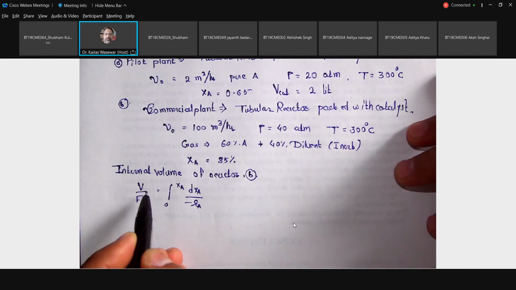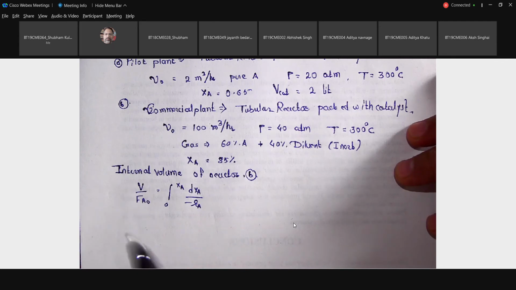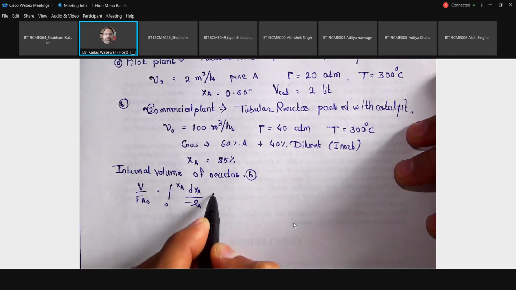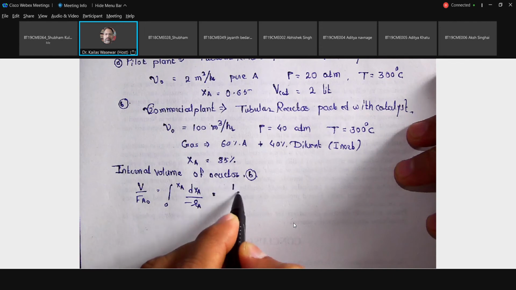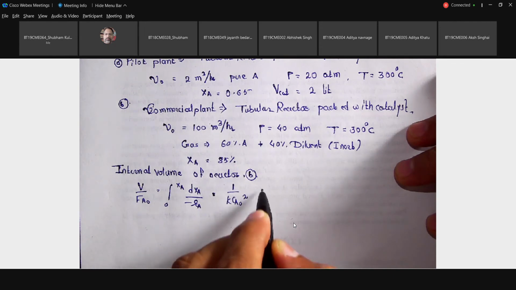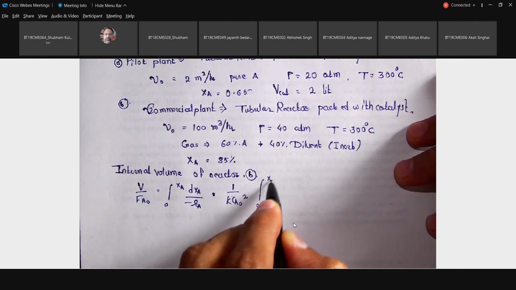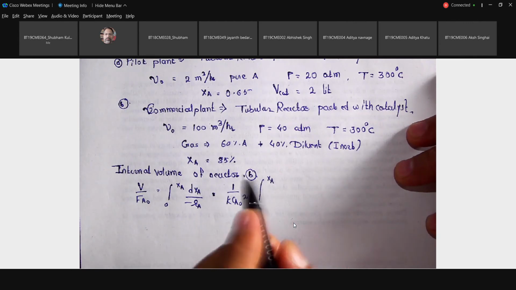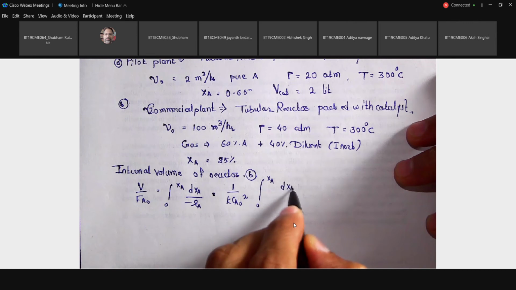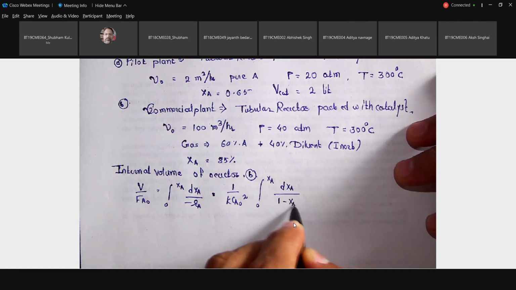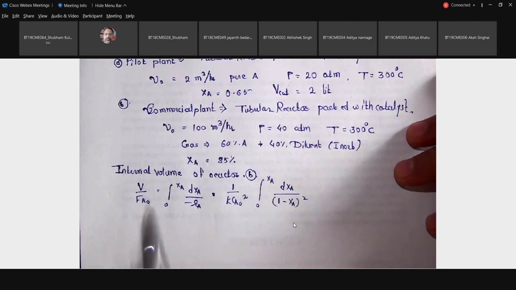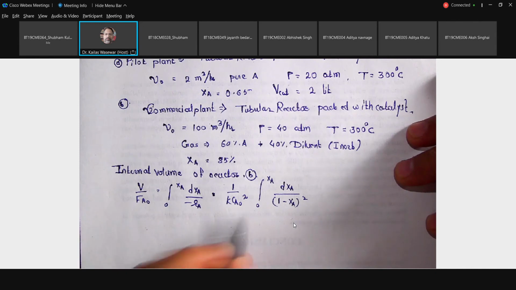So we are writing volume of the catalyst. As epsilon is 0 here. Elementary reaction, sorry, non-elementary with the 1 stoichiometric constant. So epsilon will be 0.